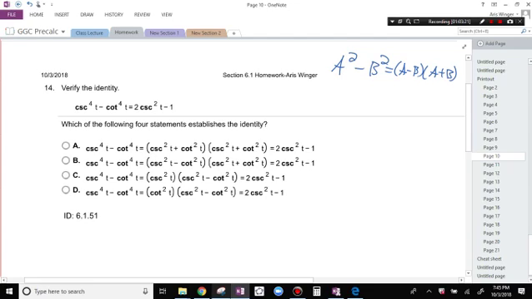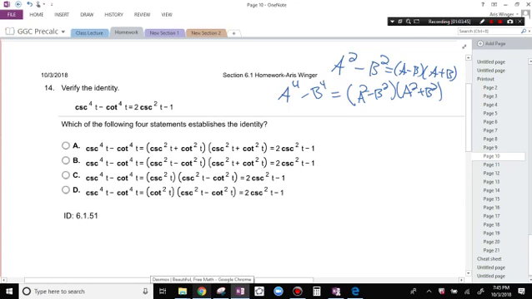This means that a to the 4th minus b to the 4th is going to be what? A squared minus b squared times a squared plus b squared, for sure.